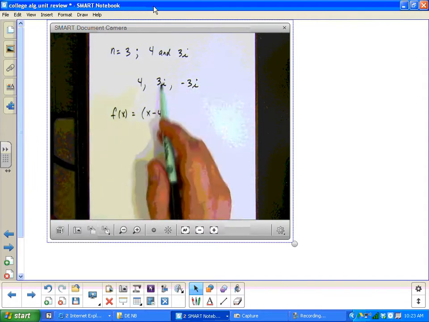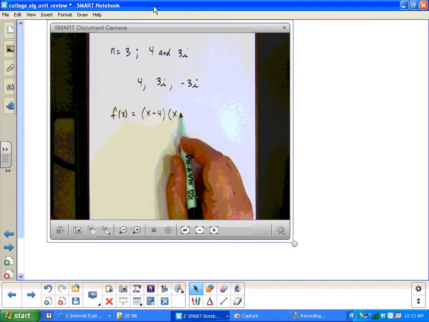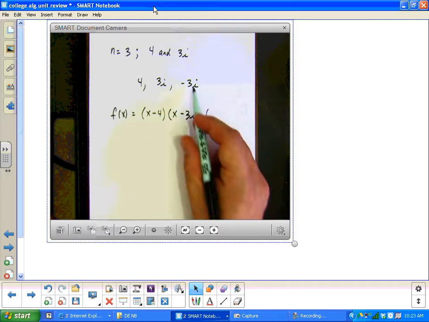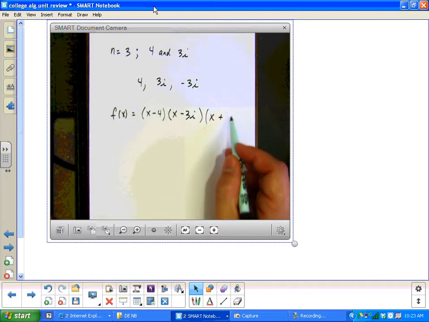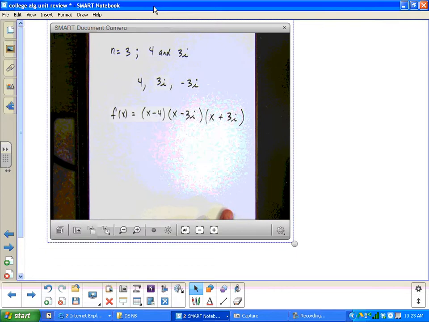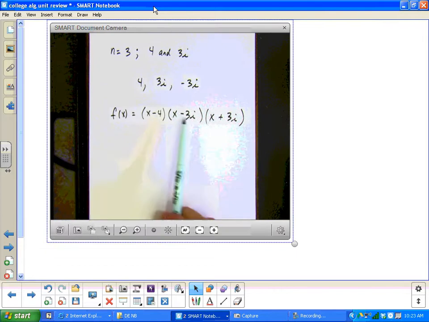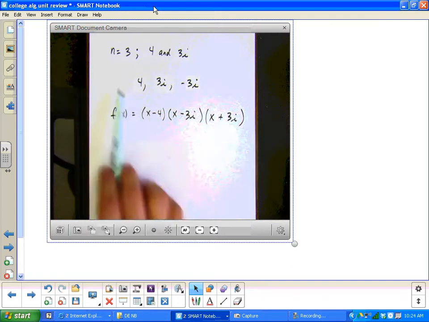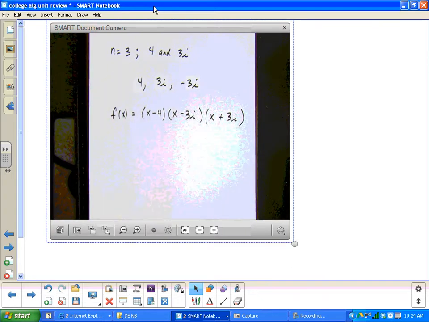And then for 3i, we say x minus 3i, and then x plus 3i. Now all I have to do to get the polynomial is take all this and multiply it out. That's a lot of work, but that's all the thinking. The rest of it is just basic algebra.